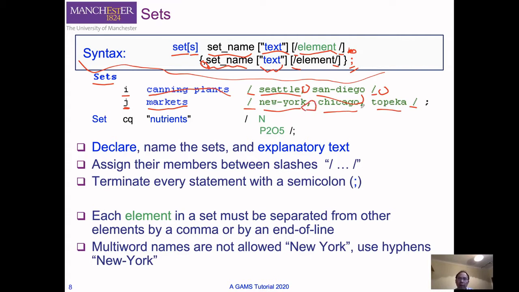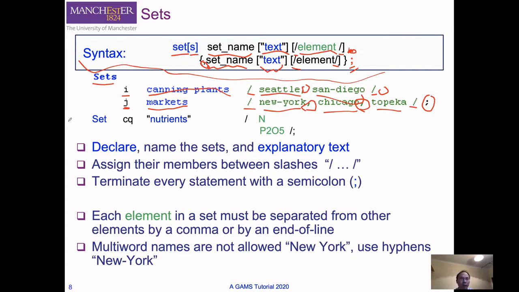Two commas are used to separate these three elements. Then this set statement is finished. Then a semicolon is added to tell GAMS this statement is finished.